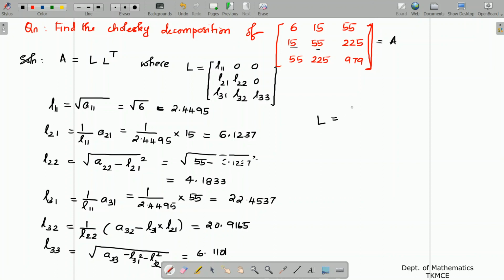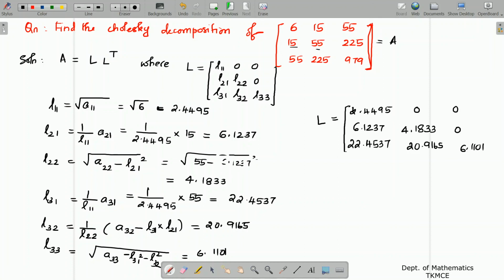L is 2.4495, then 0 0, then second row first element is 6.1237, then L22 is 4.1833, then 0, L31 is 22.4537, L32 is 20.9165, and L33 is 6.1101.